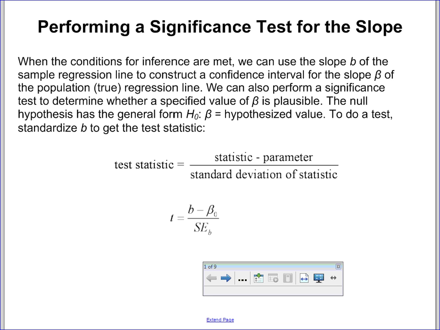So, as always, our test statistic is going to be statistic minus parameter divided by the standard deviation of the stat, or in this case, t equals our calculated slope minus our hypothesized slope, b naught, divided by the standard error of b.